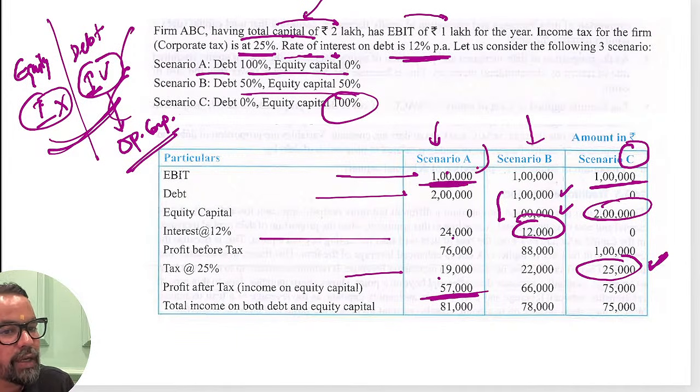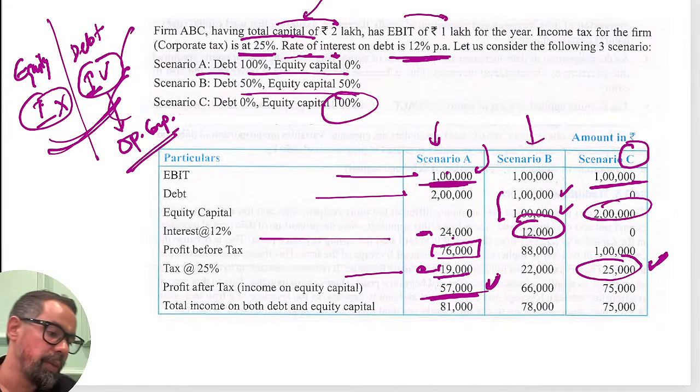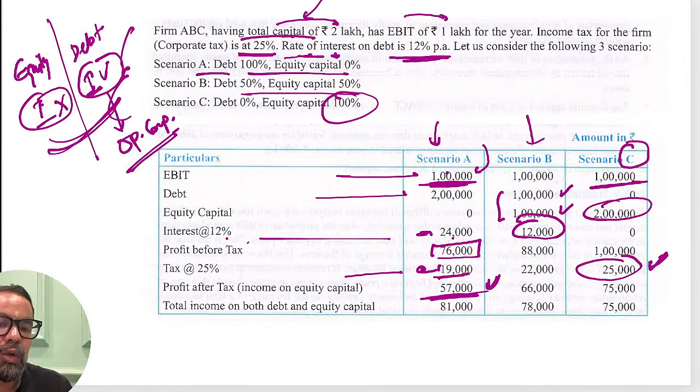Earning before interest and taxes minus interest comes to 76,000. Now you have to minus 19,000, which you have paid to the government as tax. Then it comes to 57,000.